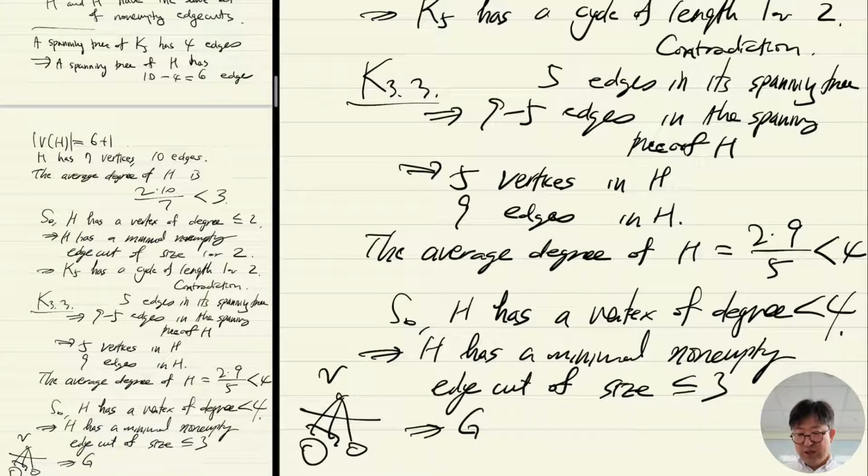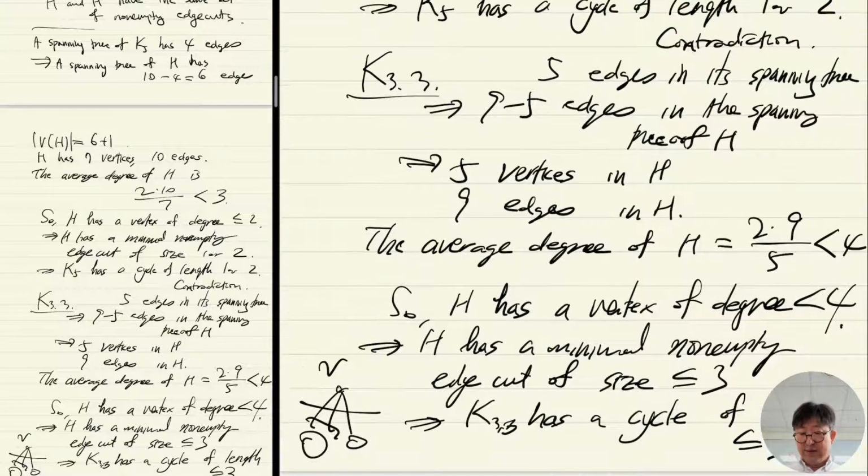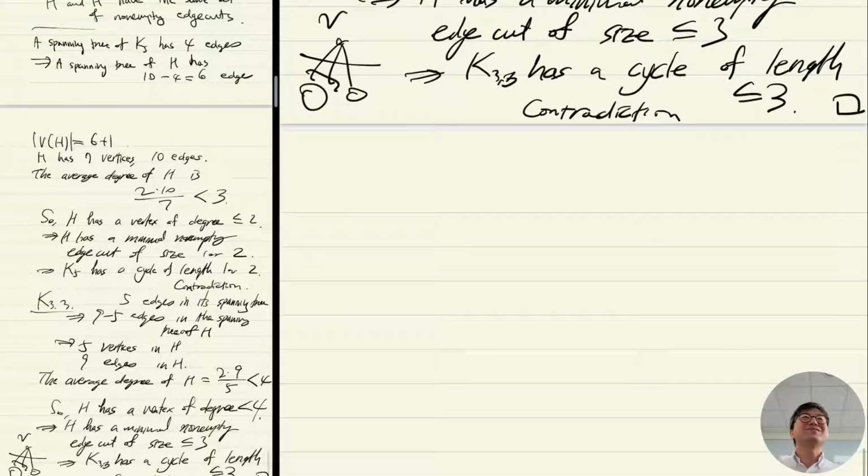So that means K33 has a cycle of length at most 3. Contradiction, because K33 is bipartite. You don't have any triangle.